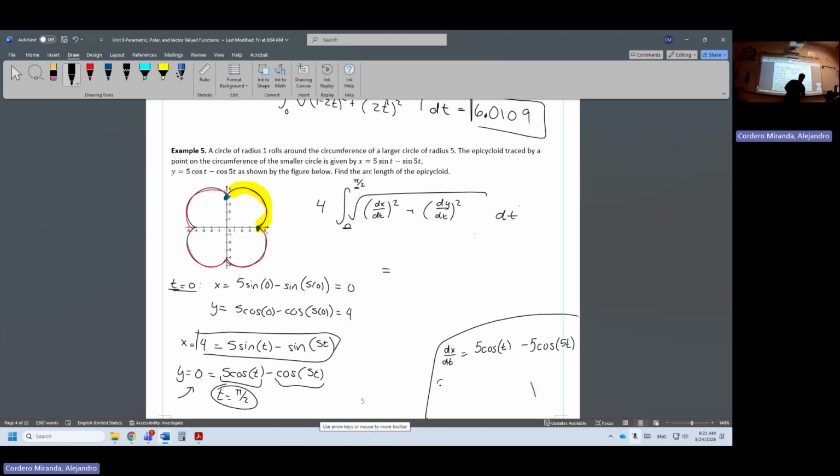And then dy dt is the derivative of this guy, which would be negative 5 sine of t minus negative, so plus 5 sine of 5t. And then I don't even want to write an extra step.